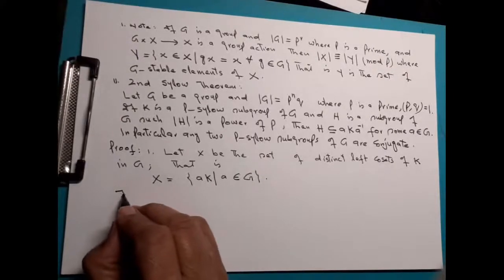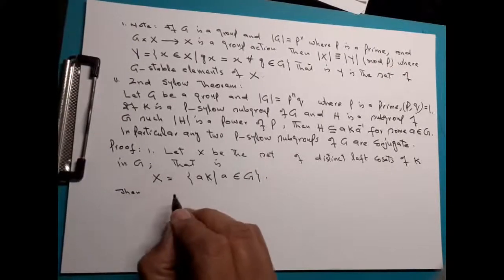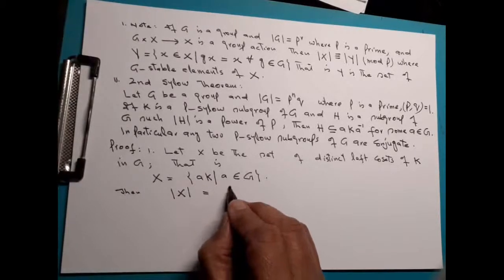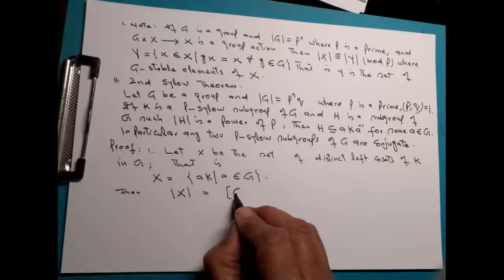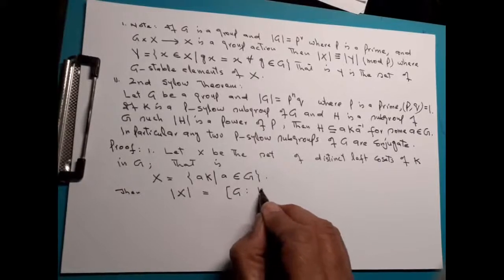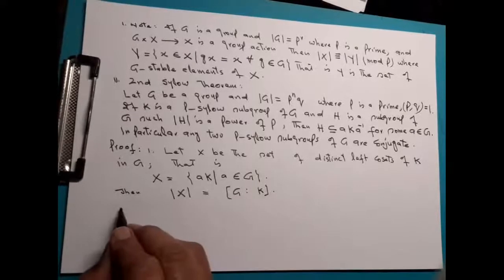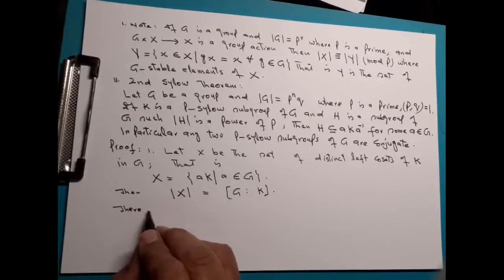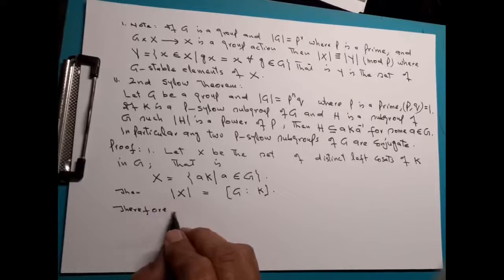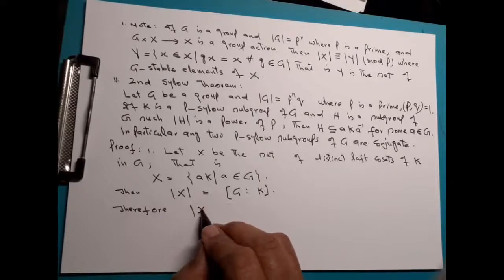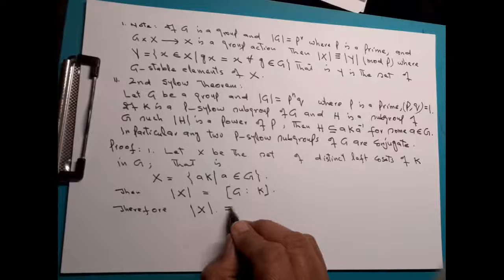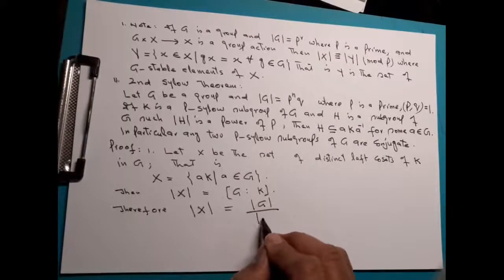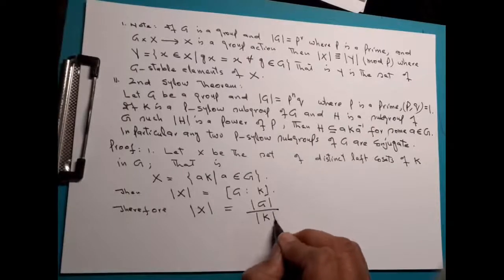So then the total number of elements in X is equal to the index of K in G. And therefore the total number of elements in X is equal to the order of G divided by the order of K. This is by Lagrange's theorem.